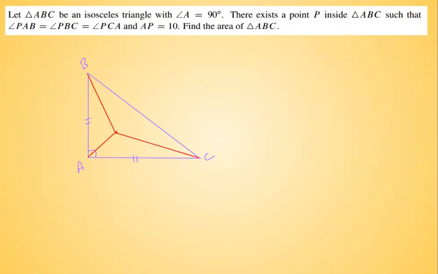So PAB has to be something right there, and then PBC will be this one, and PCA has to be this one.